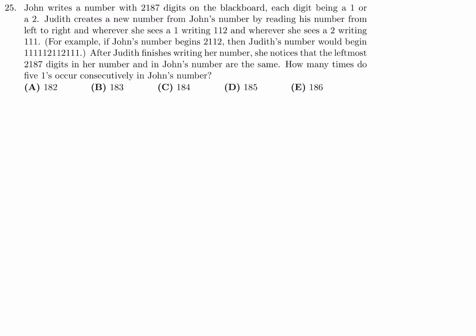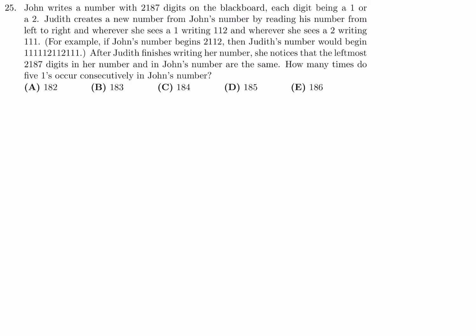John writes a number with 2187 digits on a blackboard, each digit being a 1 or a 2. Judith creates a new number from John's number by reading his number from left to right, and wherever she sees a 1, writing 112, and wherever she sees a 2, writing 111.